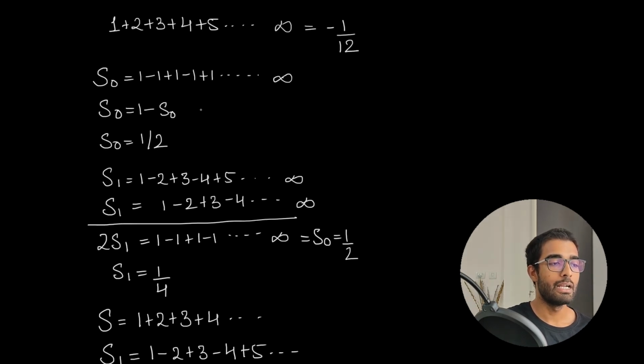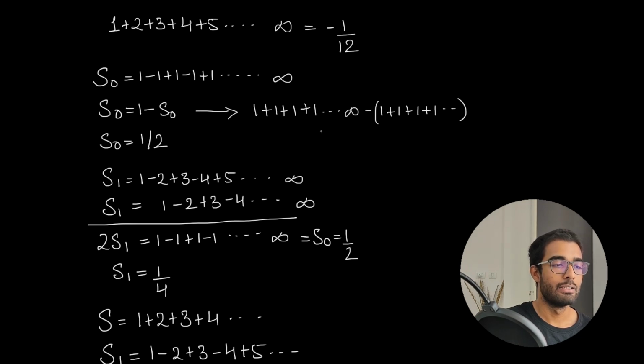Also, when we write S0 equal to half, the mistake that we are making is that this is 1 plus 1 plus 1 plus 1 till infinity minus 1 plus 1 plus 1 plus 1. This is again an infinity minus infinity indeterminate. So we cannot write this.